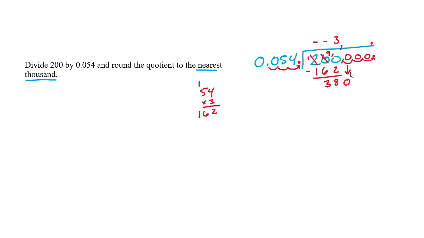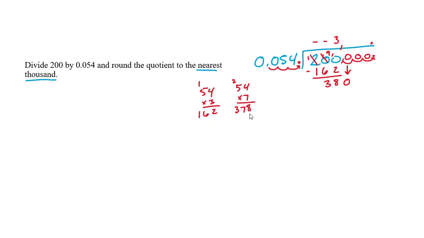How many times does 54 go into 380? Well, let's see, there's 6 50s in 300, 7 50s in 350. So I'm going to guess 7 times. Let's try 54 times 7. 7 times 4 is 28. 7 times 5 is 35, plus 2 is 37.